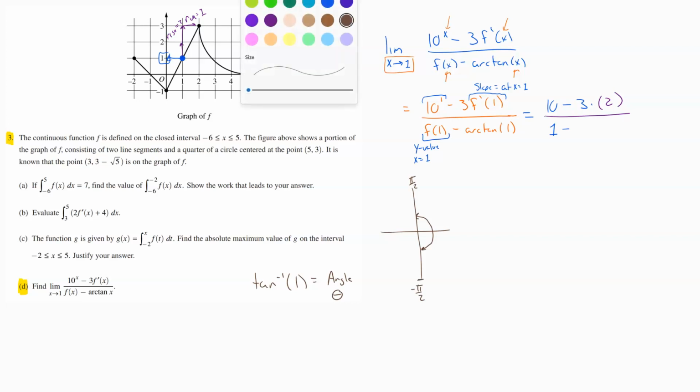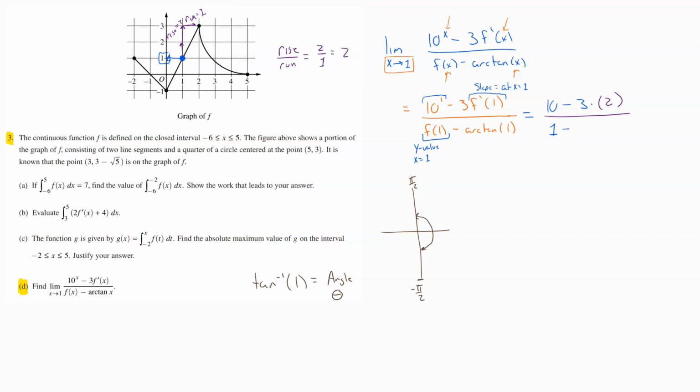We want a positive one, so we know that the angle we'd be looking for would be in the first quadrant. If you're looking for a negative value off of arctangent, that would be down here in the fourth quadrant. So from that, we want to know which of our special triangles is going to have 1 as the tangent value.